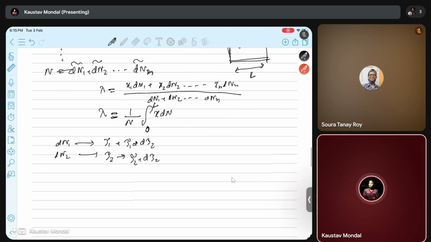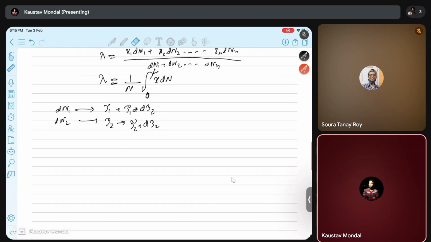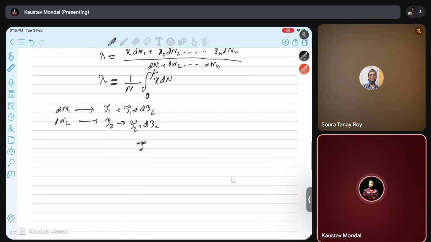In that case, tau can be written as 1 by n0 into the integration of t into dn.